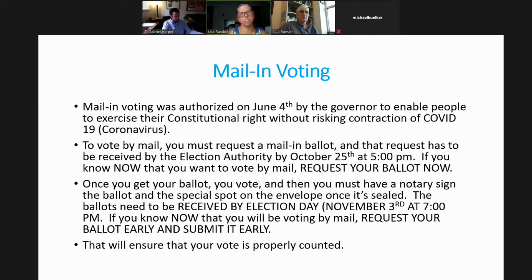The purpose of this is to make sure that you are who you say you are. So you can't just go root through your neighbor's mail and get their mail-in ballot and pretend to be them and vote. That is illegal. That's a felony. And having a notary validate your identity is the Missouri Election Authority's way of making sure that you are voting legitimately.